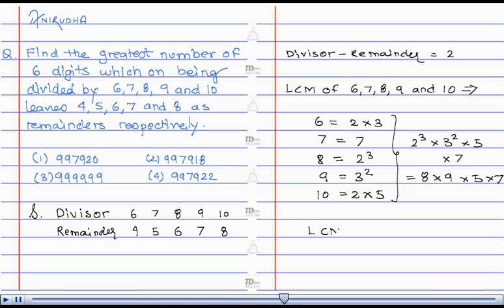Therefore, LCM of the 5 numbers is equal to 2520. Therefore, the required greatest number is the highest multiple of 2520 below 999999 minus 2.